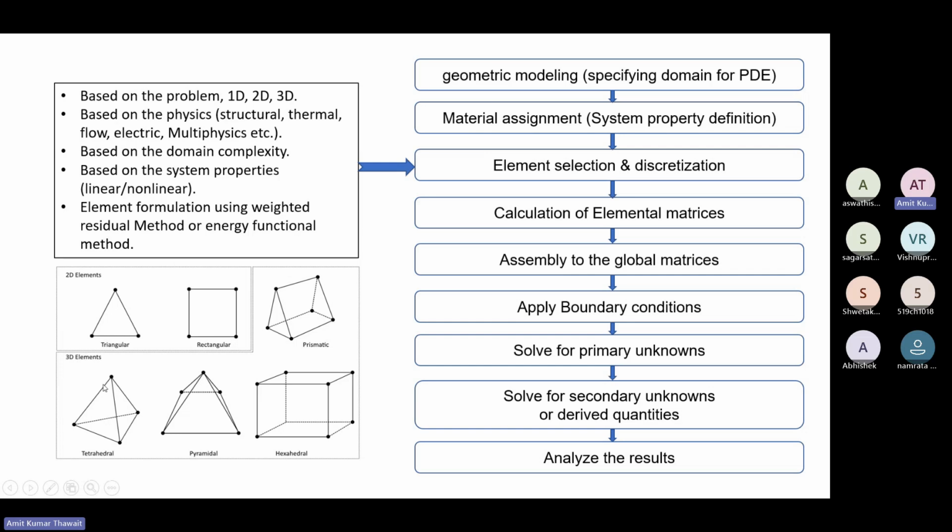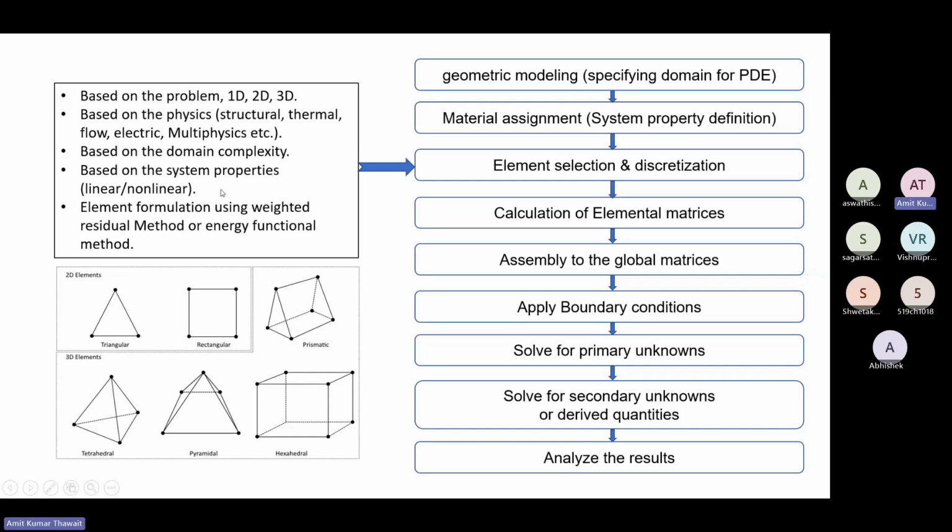If it is simple, then we go for rectangular or hexahedral elements. Elements also depend on linear or non-linear problems. If we have a non-linear system, non-linear material properties or non-linear contact, then we will use different sets of elements. If we have a linear system, then we will use different elements.